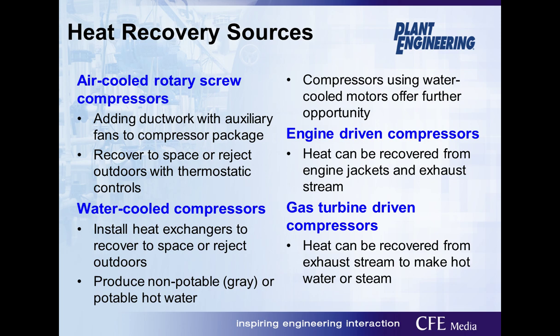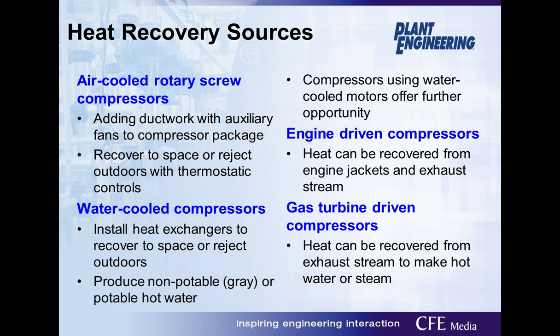And then you have engine-driven compressors that can do the portion of the air compressor, but then you also have the heat off the engine and the exhaust stream. For larger systems, gas turbine systems can also do the same thing, and you can also make steam off the exhaust that comes off of that through a waste heat recovery boiler.